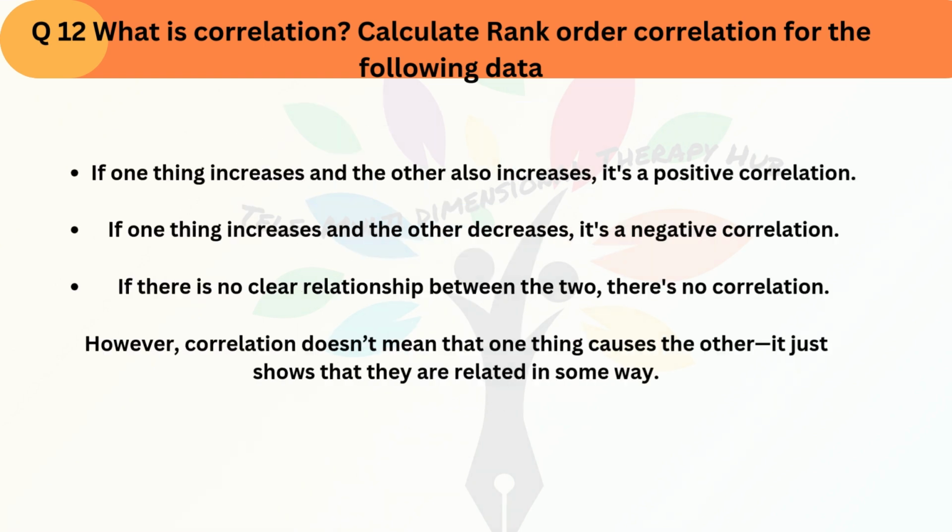So if one thing increases and the other also increases, it's a positive correlation. If one thing increases and the other decreases, that means it has a negative correlation. If there is no clear relationship between the two, that means there is no correlation. However, correlation doesn't mean that one thing causes the other. It just shows that they are related in some way.